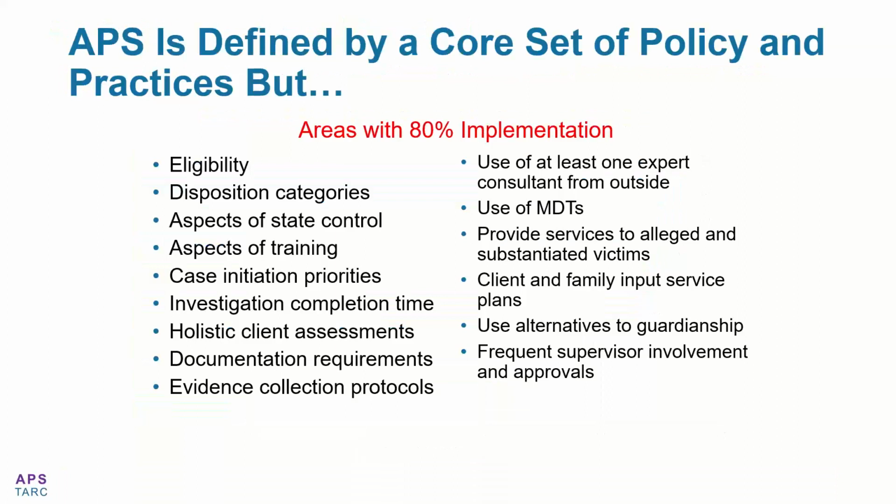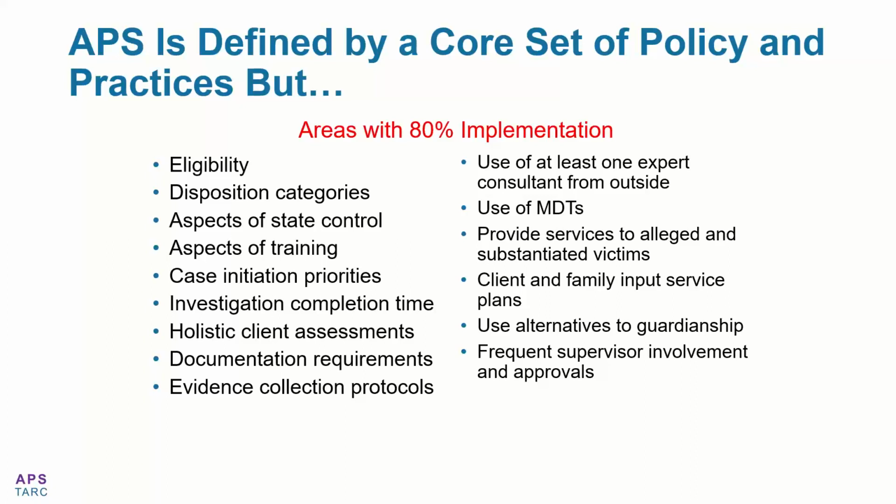So then we wanted to know, okay, within that policy framework, how much consistency is there? And with kind of an arbitrary criteria of 80% of the programs have implemented policy that is similar in all of the areas that you see listed here.